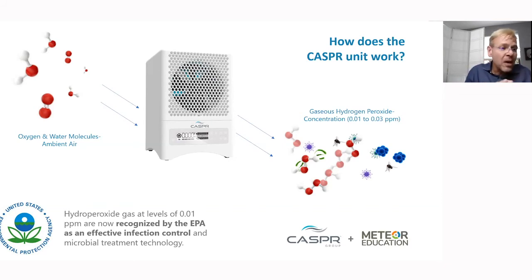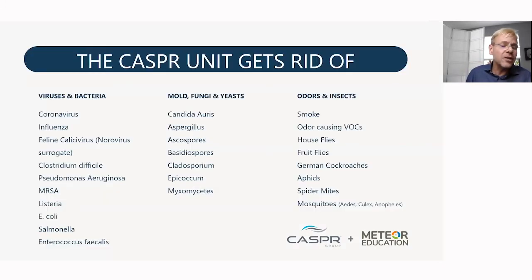But right now, we're concerned about the same thing. This technology is today available for schools. It's also now available for hotels and other kinds of places that are concerned about viruses and bacteria. Again, yeah, it could be coronavirus, but it could be the flu. It could be MRSA. It could be E. coli, mold, fungi, and yeast, or other kinds of issues.